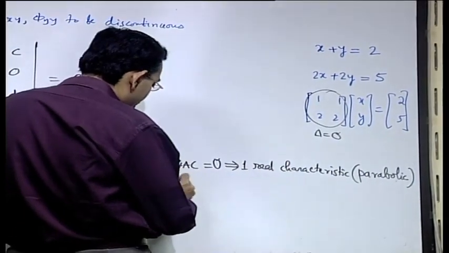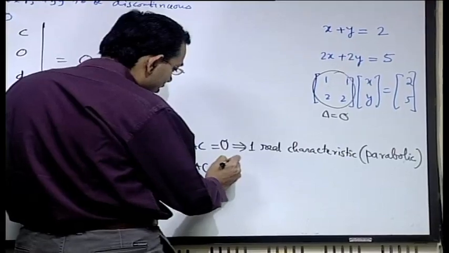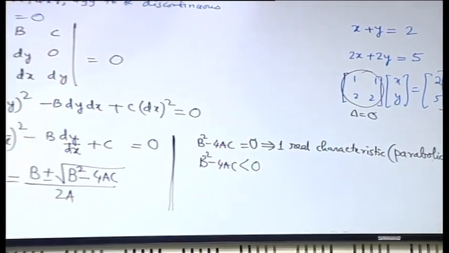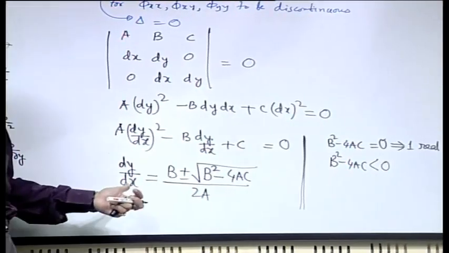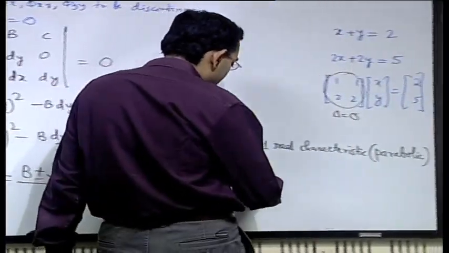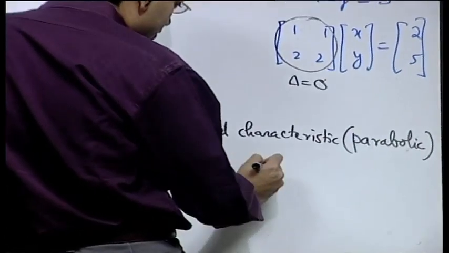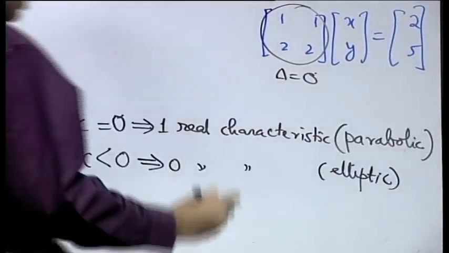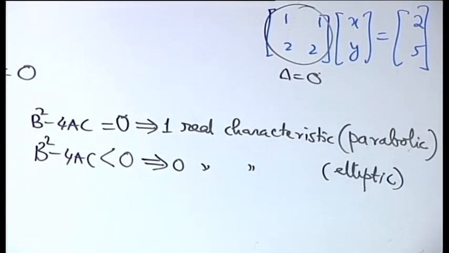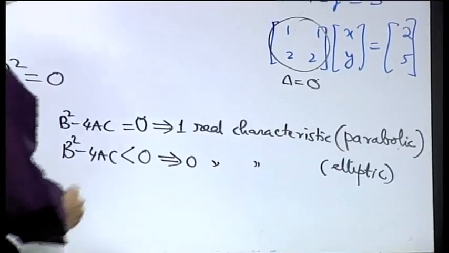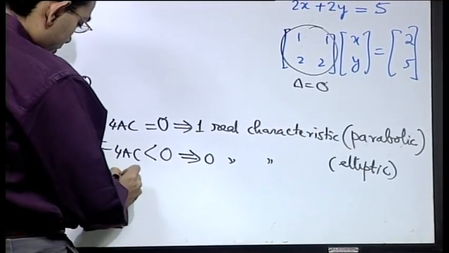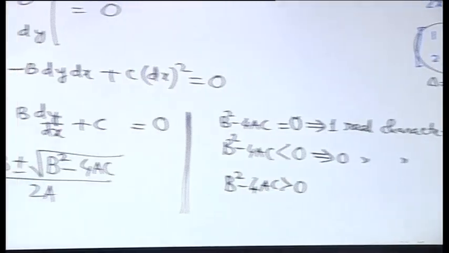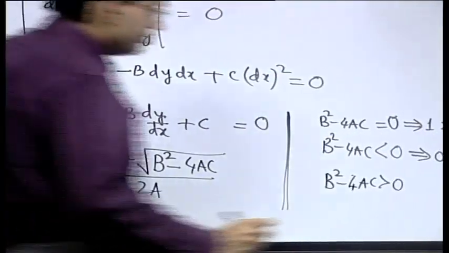Then if you have b square minus 4ac less than 0, then there is no real characteristic. So, this is called an elliptic partial differential equation. And b square minus 4ac greater than 0 will have two real characteristics.